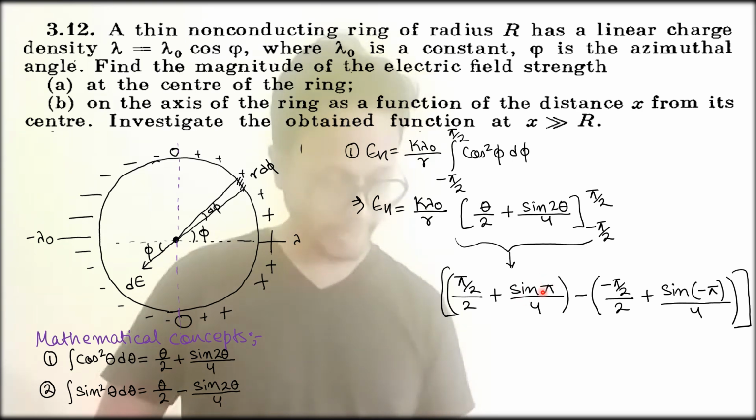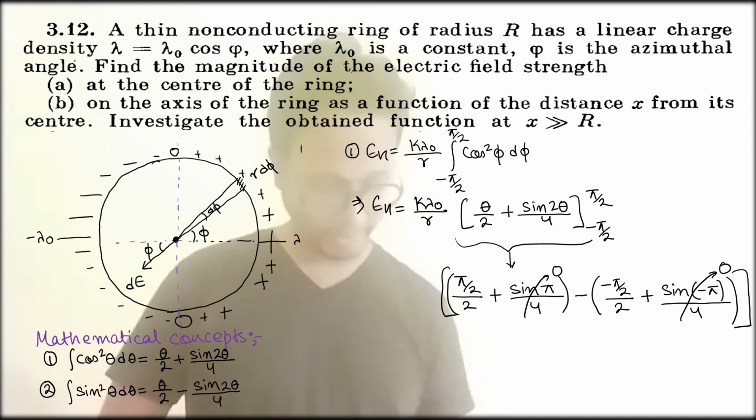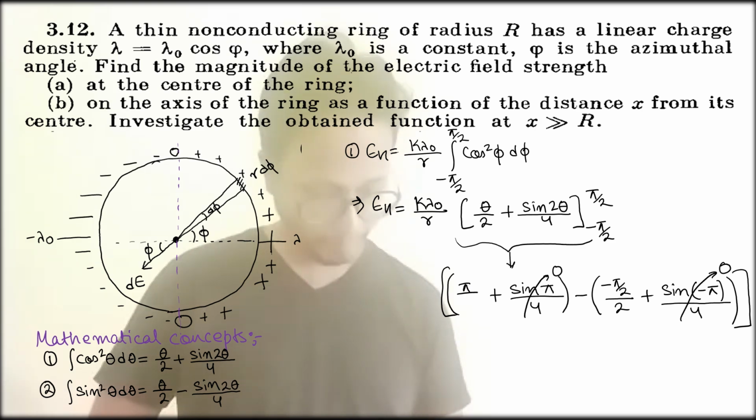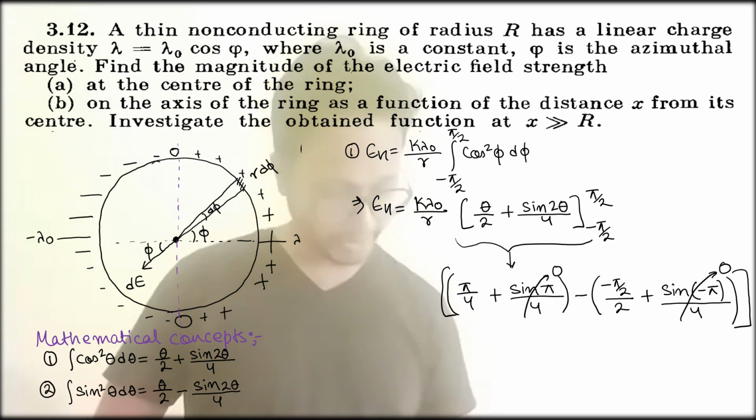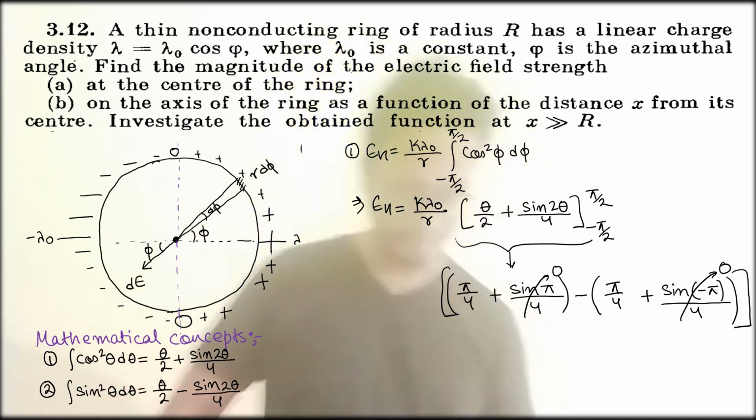See, sine pi is nothing but 0 and sine of minus pi is also 0. So this entire term becomes pi by 4, and this entire term becomes pi by 4. So pi by 4 minus pi by 4. Out here I have made a mistake.